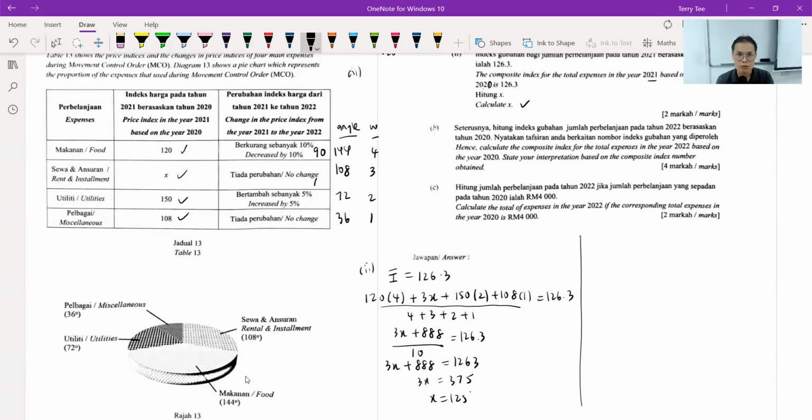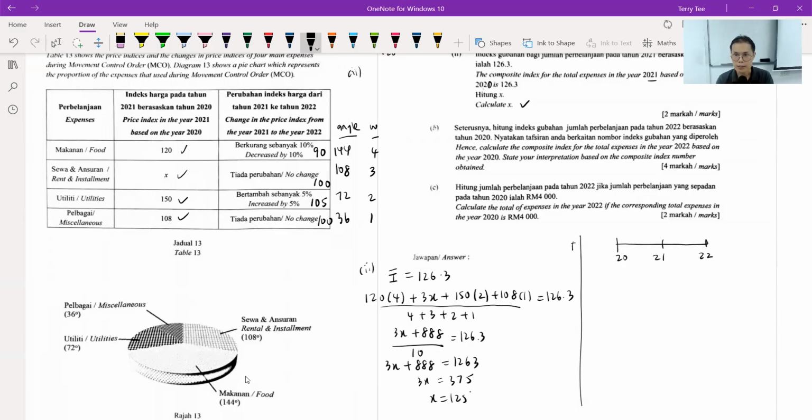When there's no change, it remains 100. Increase by 5%, we say the index is 105. For a question like this, when we have two consecutive indices given, we know this is 2020, this is 21, this is 22.